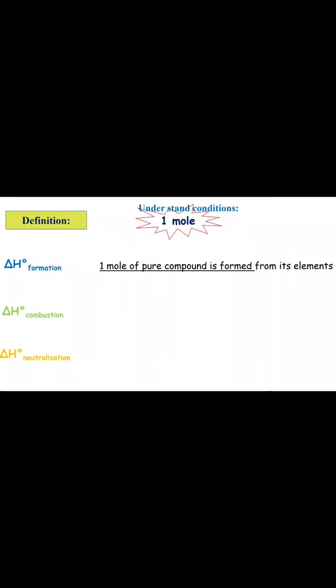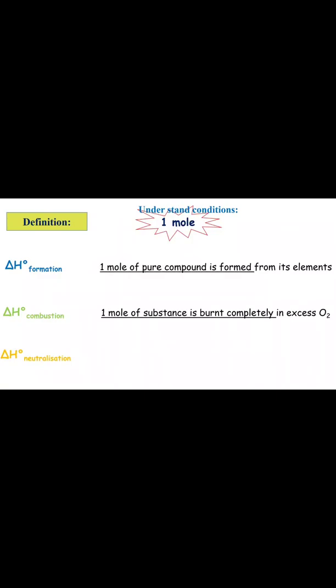Next, by referring to the works of combustions, it means 1 mole of substance is burned completely in excess oxygen. Next, for neutralizations, always bear in mind that if we refer to neutralization, it means we will get 1 mole of water molecule.